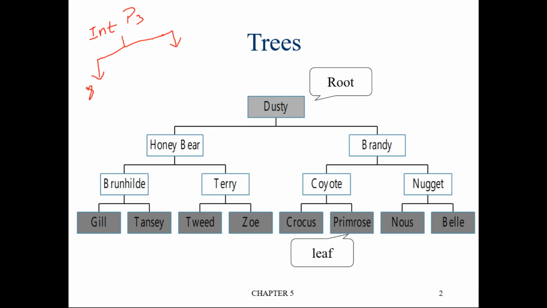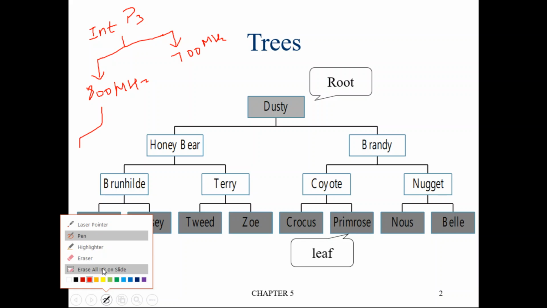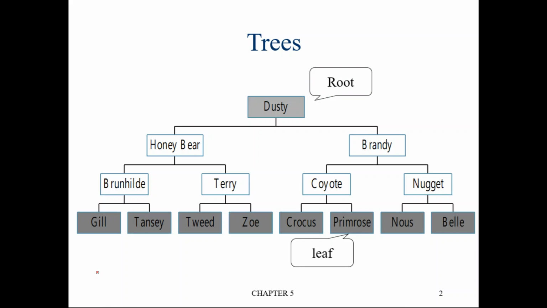One may be working at 800 megahertz, and another at 700 megahertz. This type of information can also be captured better using trees. So there is innumerable data which can be better represented by using trees.